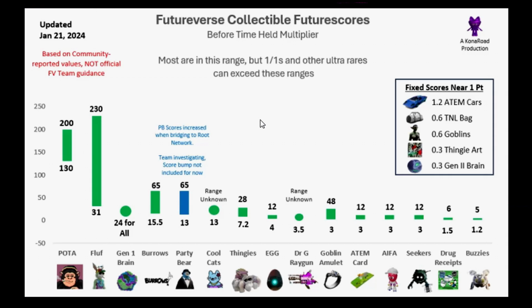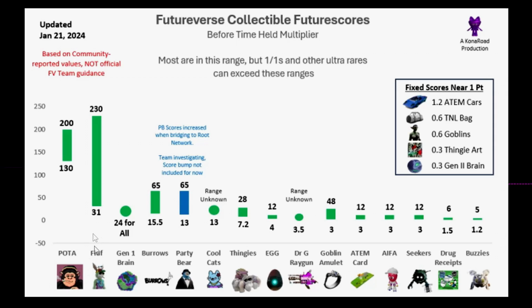This is speculation. You can see here that the seekers I just showed will earn you 3 to 12 points. So if you buy yourself a seeker, depending on its rarity, you will get roughly within this range. And this is purely speculative, but this will affect your future score and you will get points.